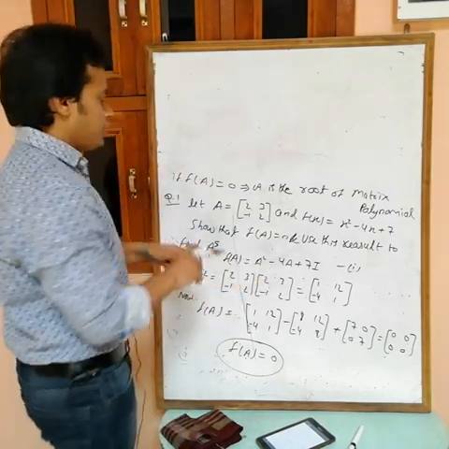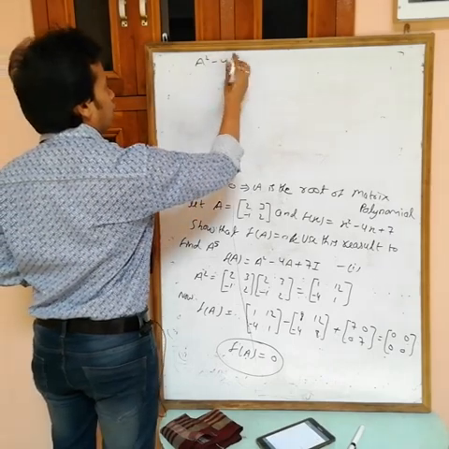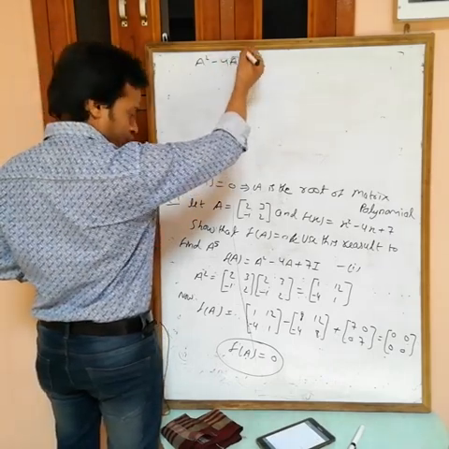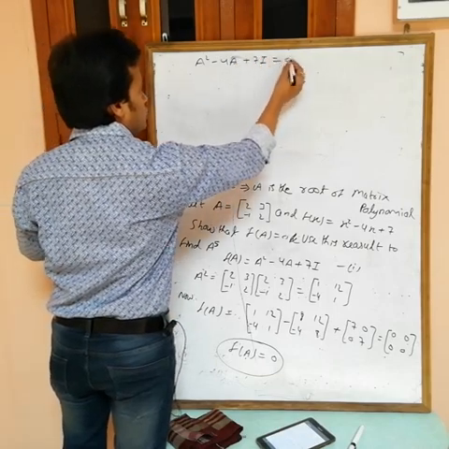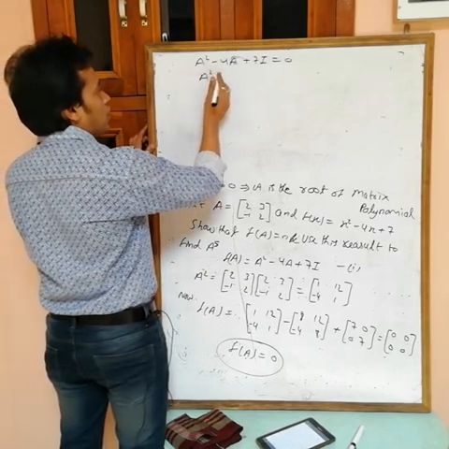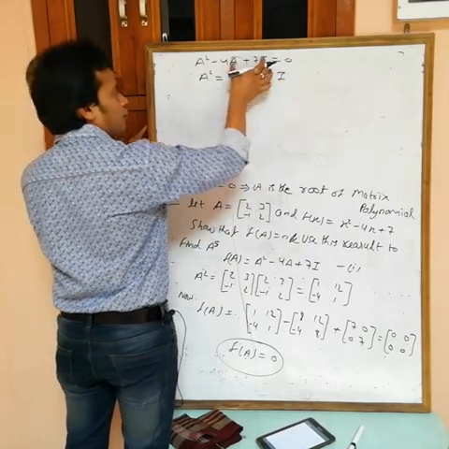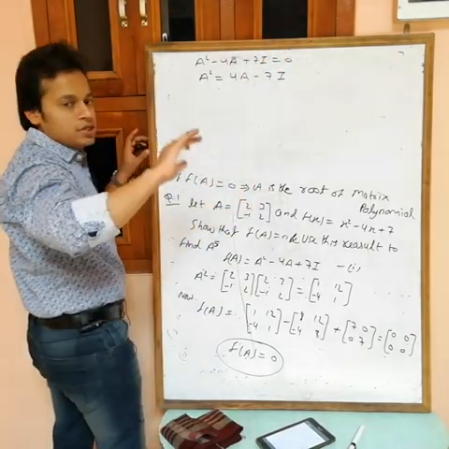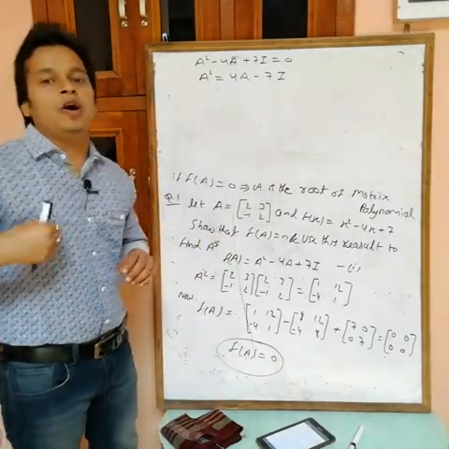It means A squared minus 4A plus 7I equals 0. From this we get A squared equals 4A minus 7I. Now we want to use this result to get A to the power 5.